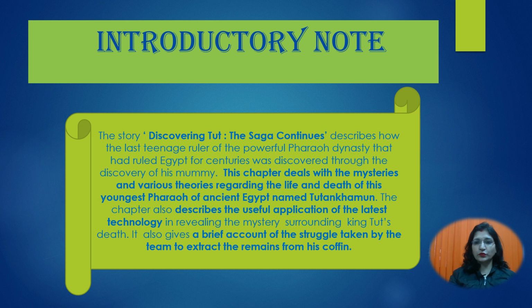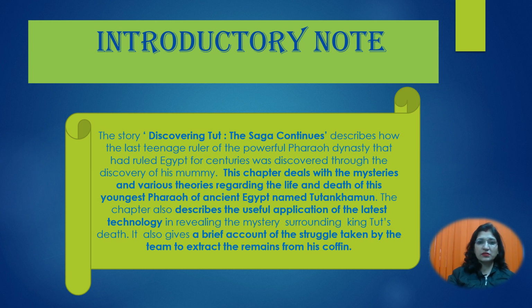Before moving on to the detailed analysis of this interesting story, let me give you its overview first. The story Discovering Tut: The Saga Continues describes how the last teenage ruler of the powerful Pharaoh dynasty that had ruled Egypt for centuries was discovered through the discovery of his mummy.